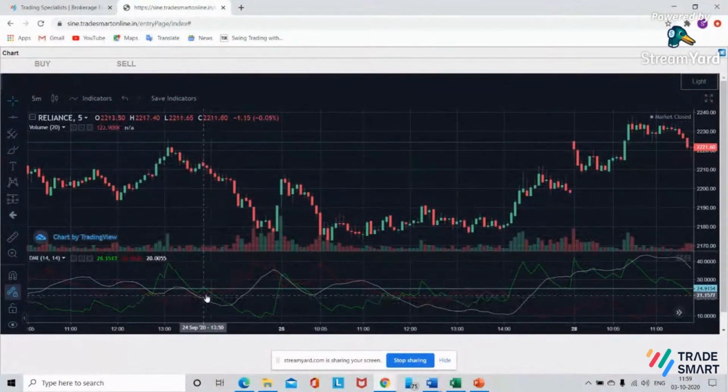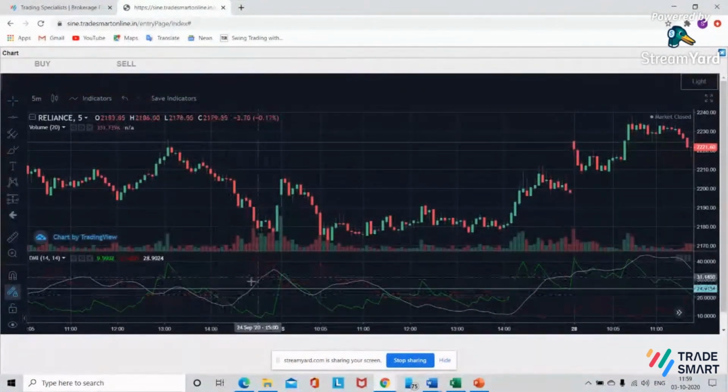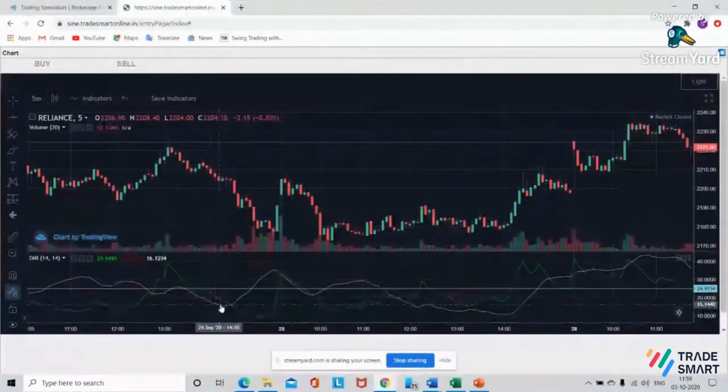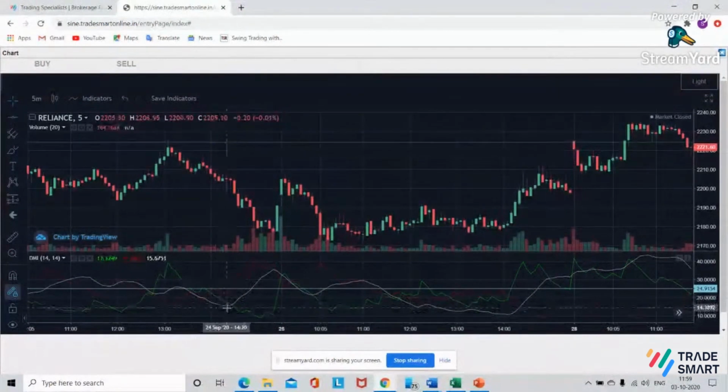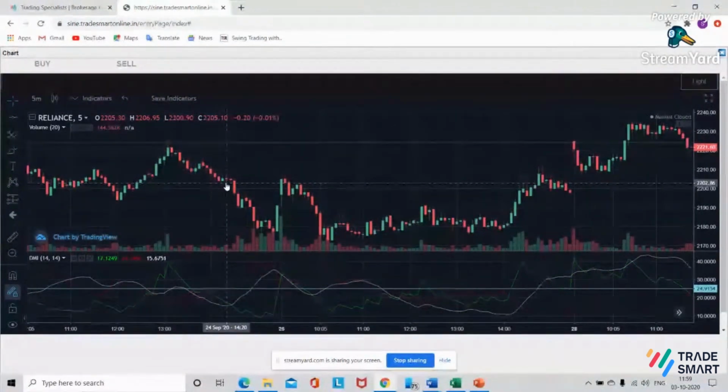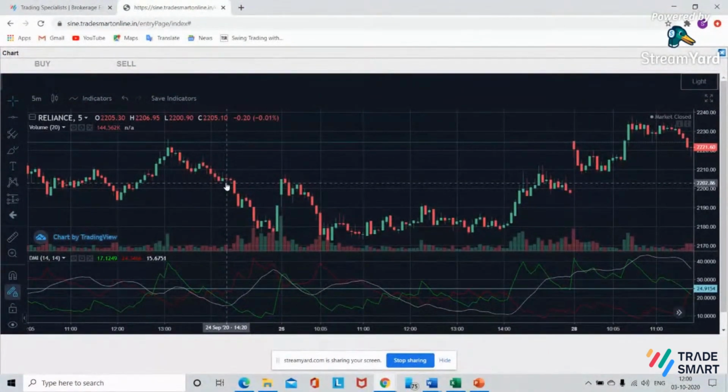But as soon as the crossover happened, the ADX line didn't go above 25, it went only till 14.38. So if you are just an ADX trader, or if you have included it in your strategy, just wait for your ADX to go above at least the 20 level.